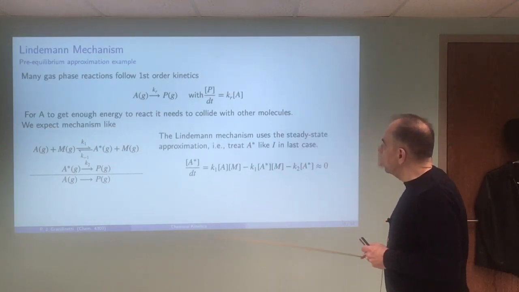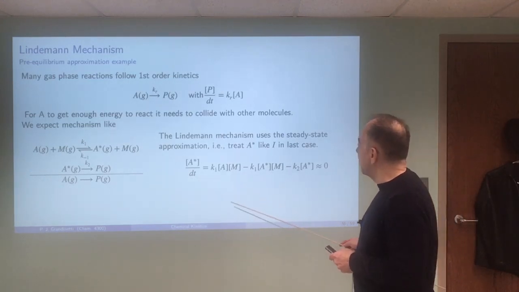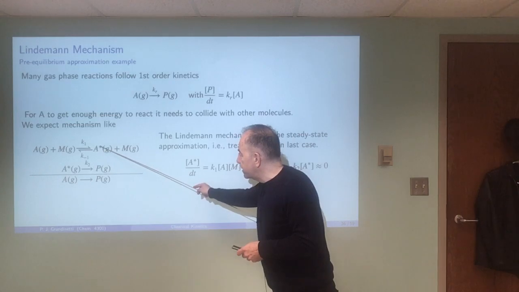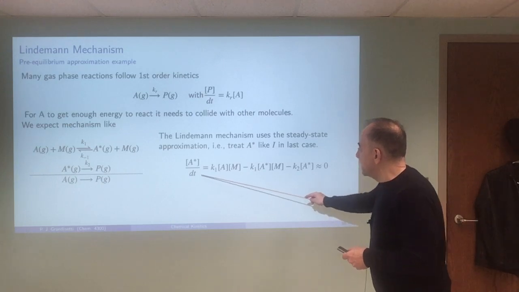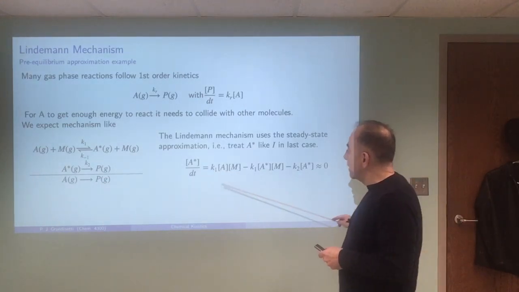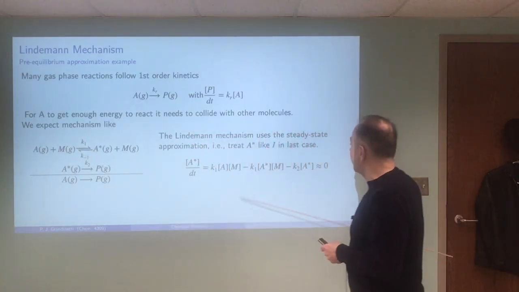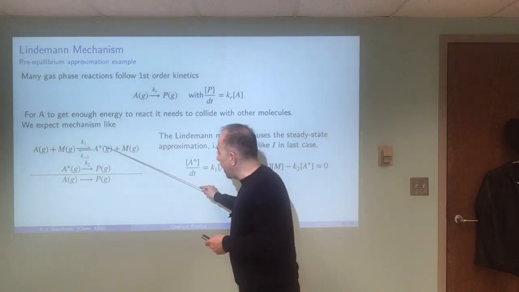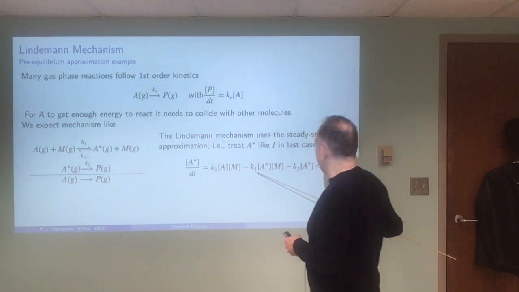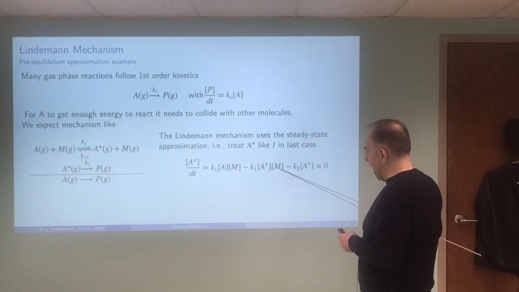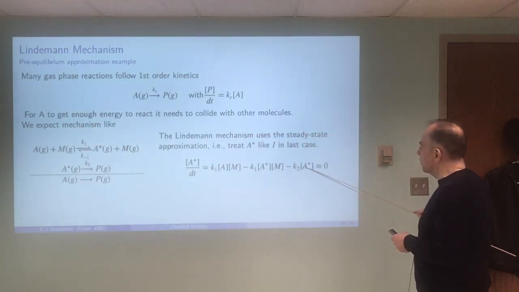So what we're going to do is use the steady state approximation in this approach, and we're going to say that the intermediate here, which is A in the excited state, its rate law is d[A*]/dt is equal to k1 times A times M. So the formation of this is k1 times A times M minus, of course, there's an equilibrium, so A excited state could just go right back to the unexcited A. So that's going to be minus k-1 A* M. And then the possibility that it can go to the product, which will be minus k2 times A*.